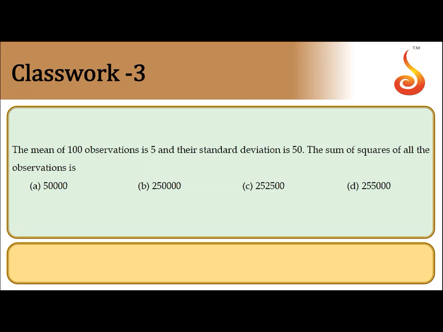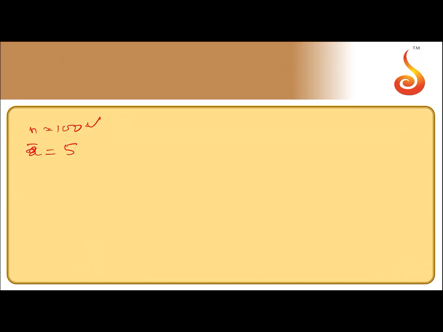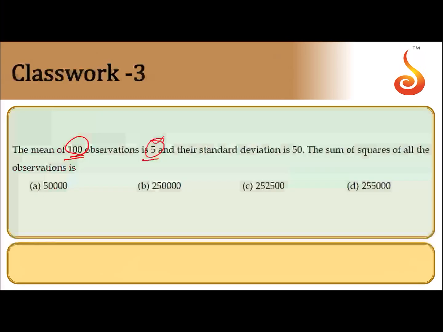The mean of 100 observations is 5. That means n equals 100 and x bar equals 5, where this is the mean mu and this is the number of observations.